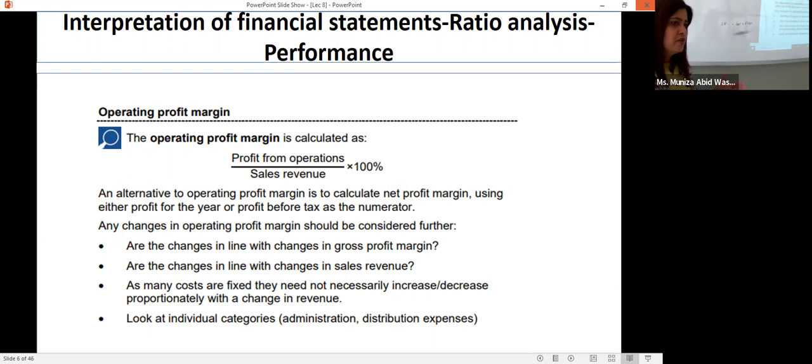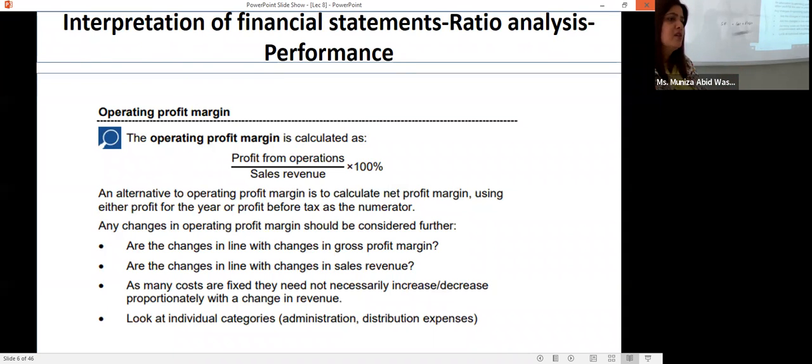Why could the gross profit be converted to the operating loss? Because the indirect expenses are more than the gross profit. And this could be due to some fixed costs of the organization or due to some variable costs of the organization as well. So both the costs have to be looked into in detail, to see what has been the primary reason behind the increase or decrease in the operating profit.